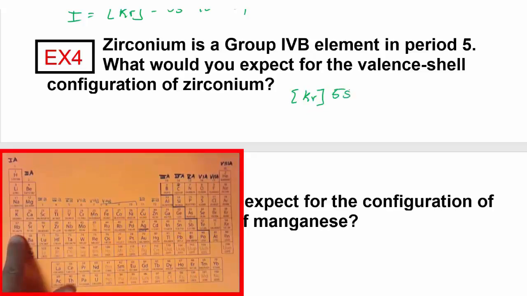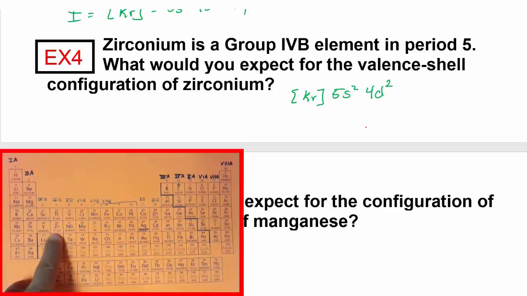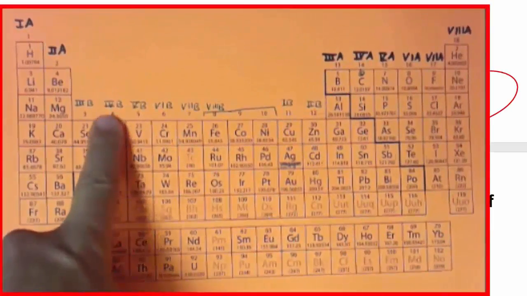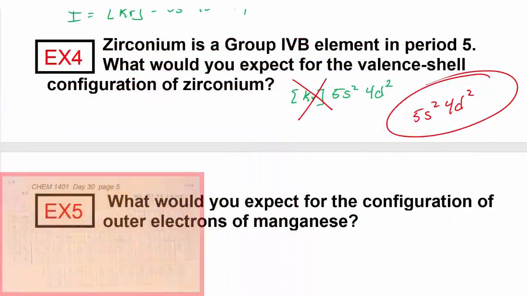We have 5s2, 4d1, 4d2. Remember, the valence shell electrons are everything outside of the noble gas and the pseudo-noble gas. We don't have any d10, so we're done. Our answer is 5s2, 4d2. Does that make sense? 4 electrons, group 4.